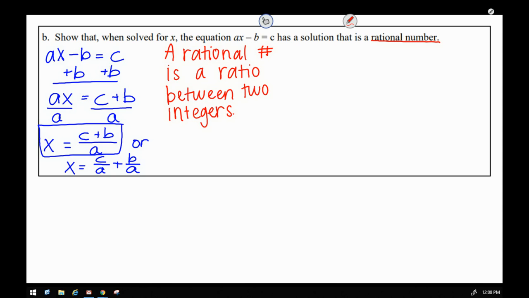Okay, well, I've said what a rational number is, but how am I saying that that is a rational number? How do I know? Is that a ratio? How do you know? Something divided by something else, right? So it is a ratio. I'm going to put C plus B divided by A is a ratio.